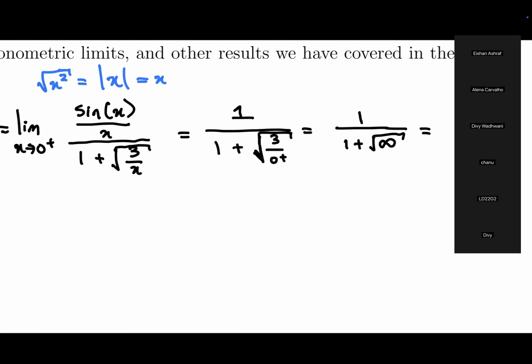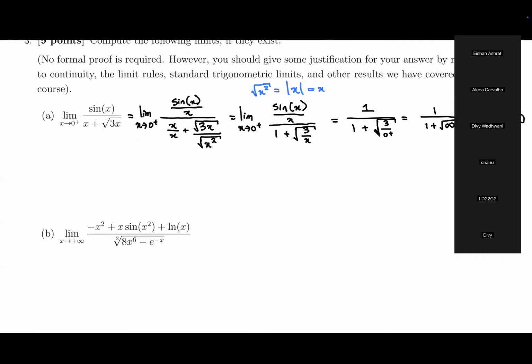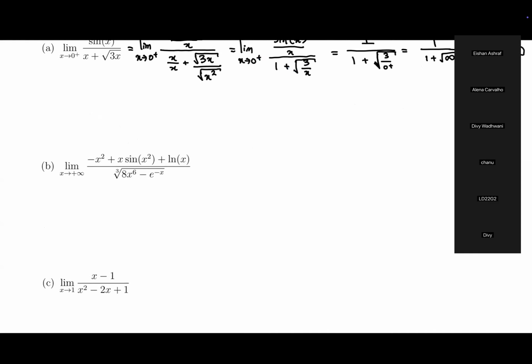All right. And so this is just 1 over some very large value, and this ends up just tending to 0. So this is how you would solve question 3A. Are there any questions?